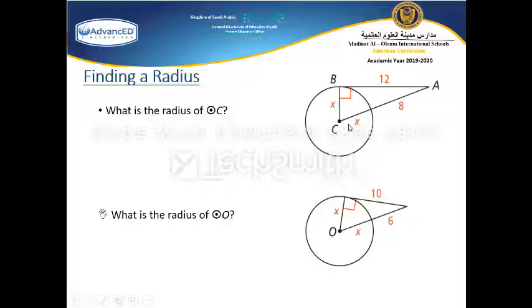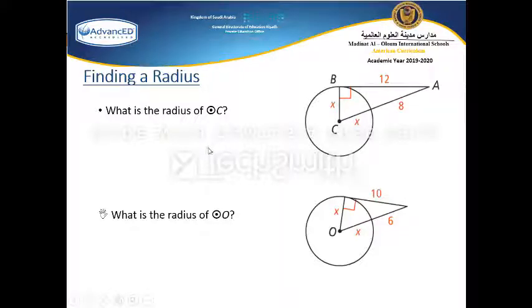Then we can apply the Pythagorean theorem as we studied before. The Pythagorean theorem says that in a right triangle the hypotenuse squared equals the sum of the squares of the other two legs.